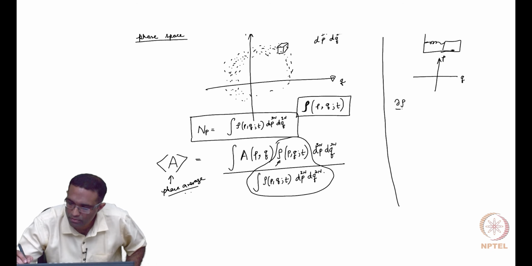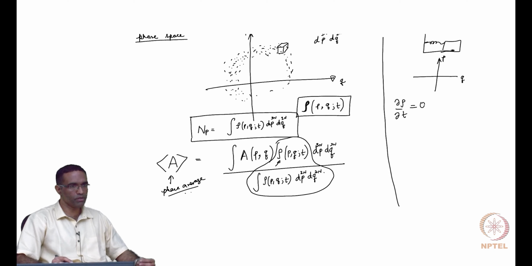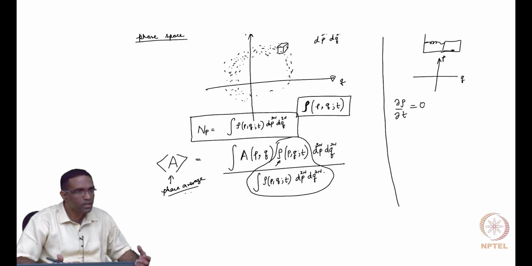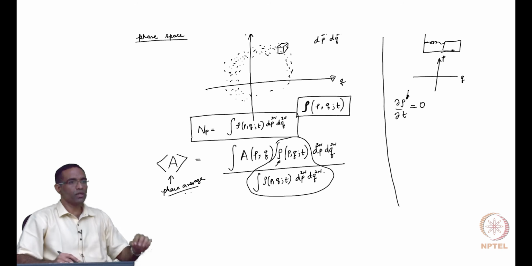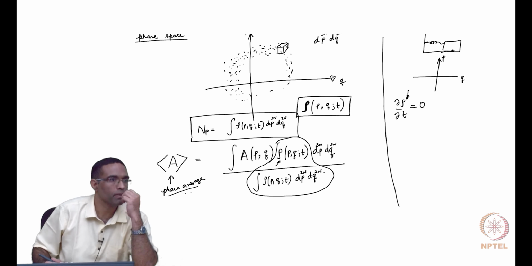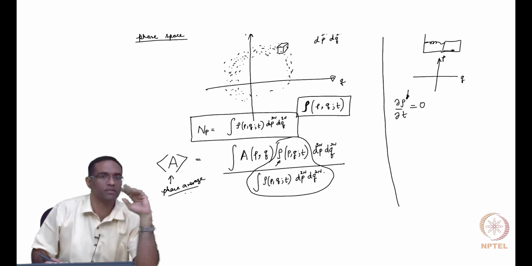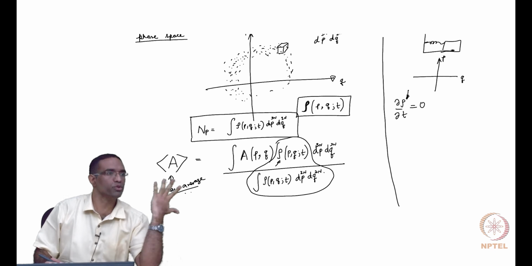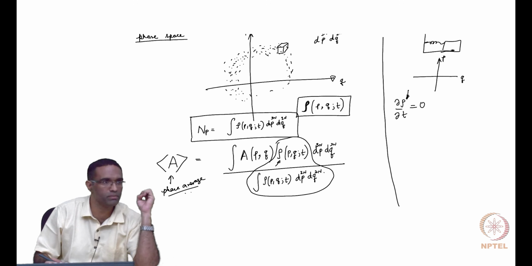So if rho does not explicitly depend on time, that is, the number of points per unit volume in the phase space is such that it doesn't explicitly depend on time, then that rho is a good candidate to describe systems in equilibrium, right? That distribution is a valid distribution to describe systems at equilibrium. Okay.